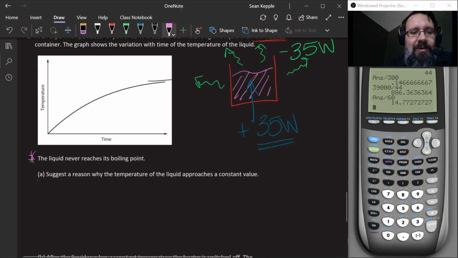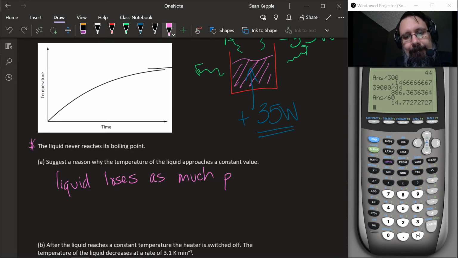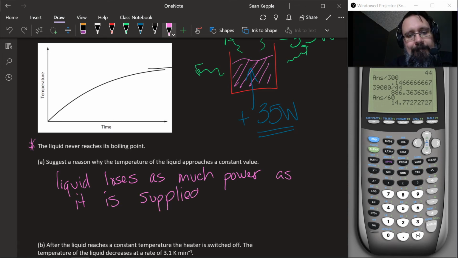To make a note here, we'll say the liquid loses as much power as it is supplied, so the net power is equal to 0.